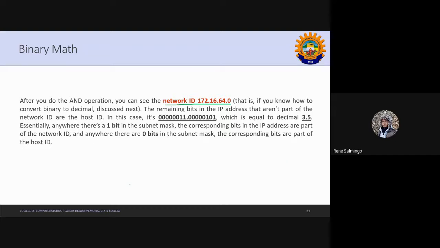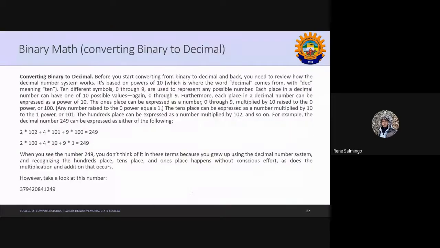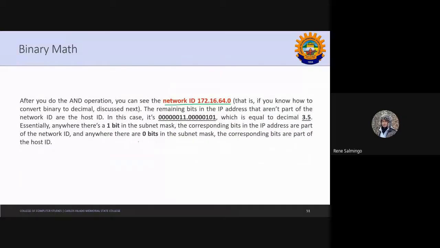Essentially, anywhere there's a 1 bit in the subnet mask, its corresponding bits in the IP address are part of the network ID. And anywhere there's a 0 bit in the subnet mask, its corresponding bit is part of the host ID. So that is about host ID and network ID.